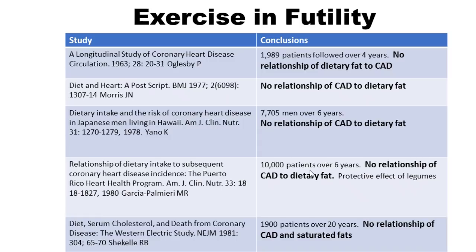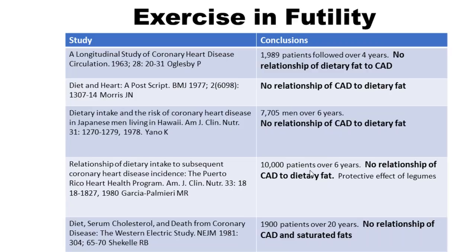And so for the next 30 years or so, we tried to pin heart disease on saturated fat or total fat. And virtually every single study that we did found no correlation. So 1963, you have a longitudinal study of coronary heart disease, no relationship of dietary fat to coronary artery disease. 1977, the same thing. 1978, same thing.